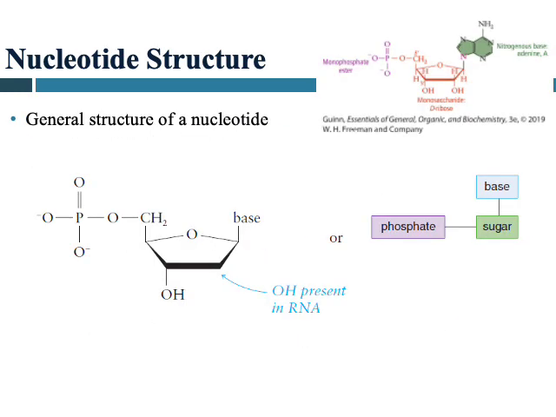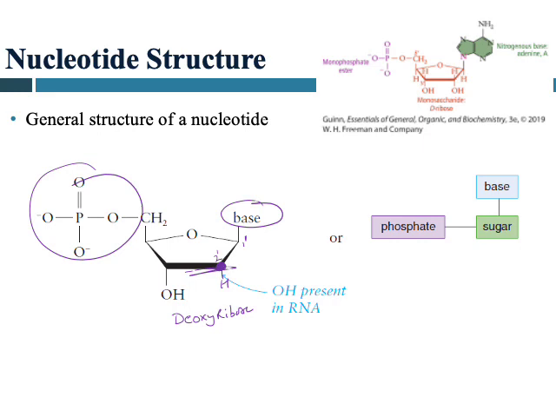Okay, so this is the general structure of a nucleotide. You have sugar, you have base, you have phosphate. All three are present, right? And over here, if you see, this is the second carbon, this is the first carbon. So this sugar is deoxyribose. If you remember, because on the second carbon you don't have any oxygen, you have just hydrogen, right?